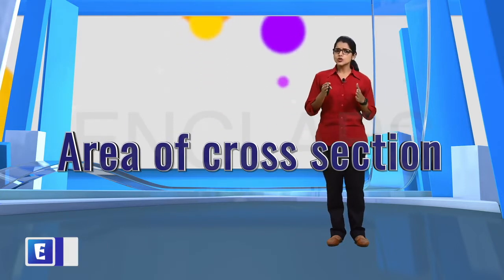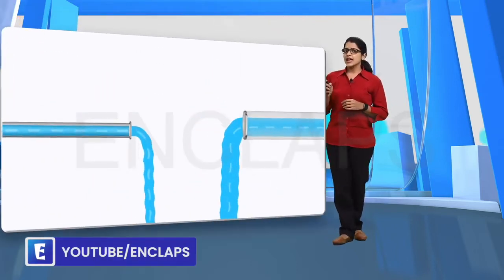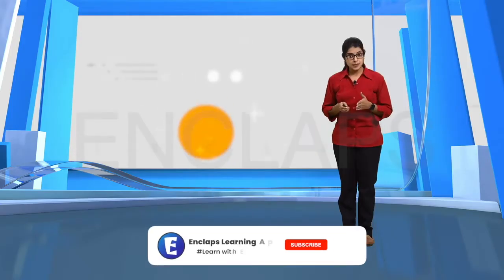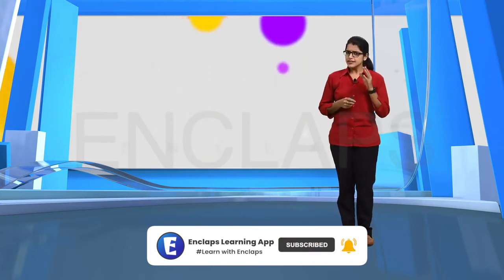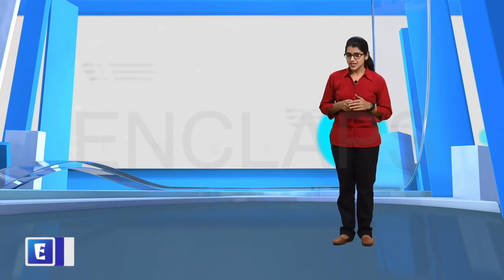Current flows through a conductor just like water flowing through a pipe. If the thickness of the pipe is less, the amount of water flowing through the pipe would also be less. If the thickness of the pipe is increased, the amount of water would also increase. Similarly, when the thickness or the diameter of a conductor decreases, the amount of current flowing through it also decreases.